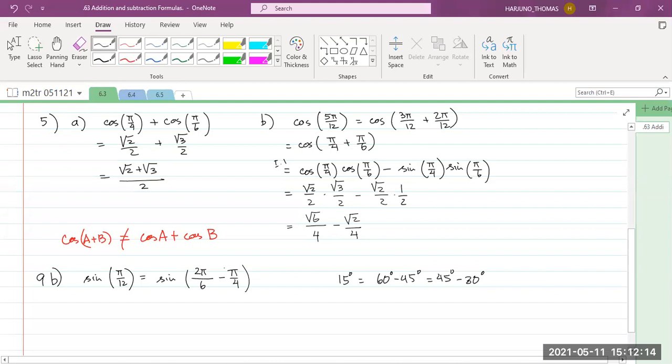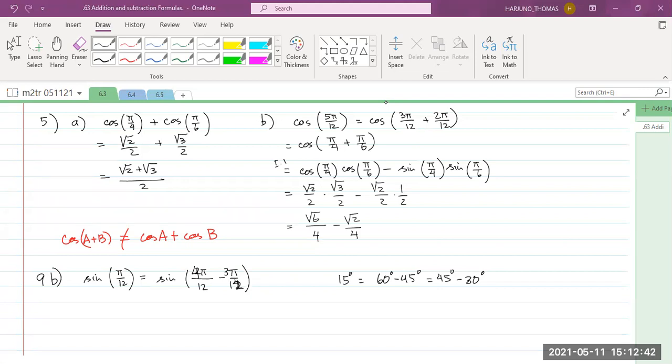So that's 3 pi over 12, 4 pi over 12. That's one way. Pi over 3 is 4 pi over 12. I want to show you the denominator 12.